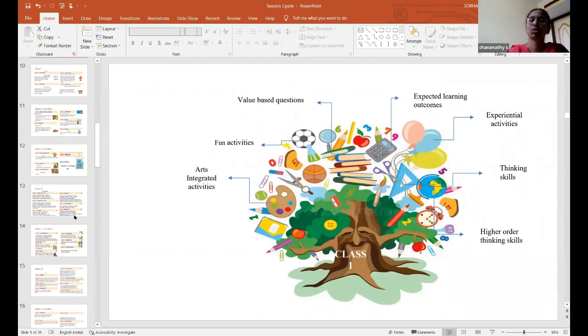Yes, ma'am. Yes, Shobna, ma'am. Apart from what we have listed out, do you feel any other skills would be beneficial for children at this particular level? Because we say primary math is the base for the future classes, that is from 6th onwards.